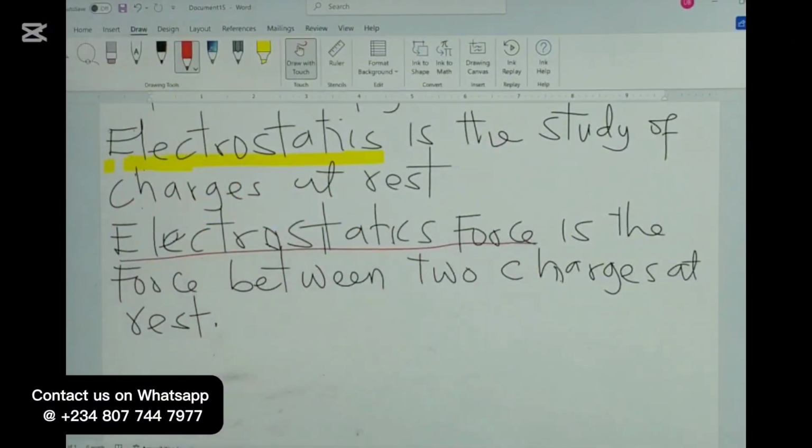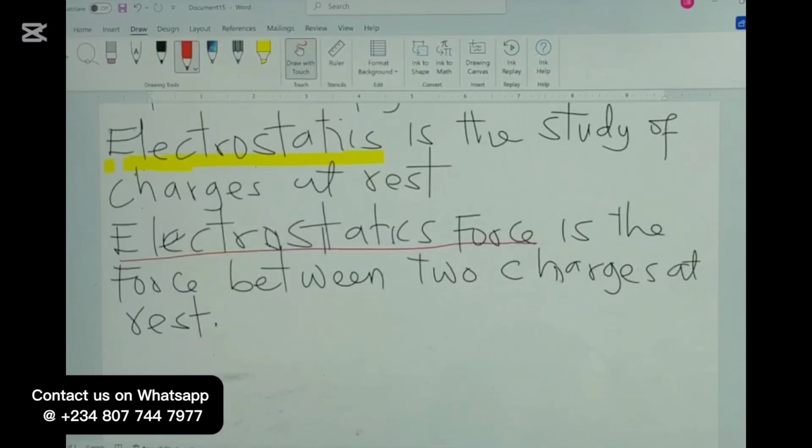All right, so the next thing we have to consider is the concept of charges. After then, we can consider the calculation on electrostatic force.